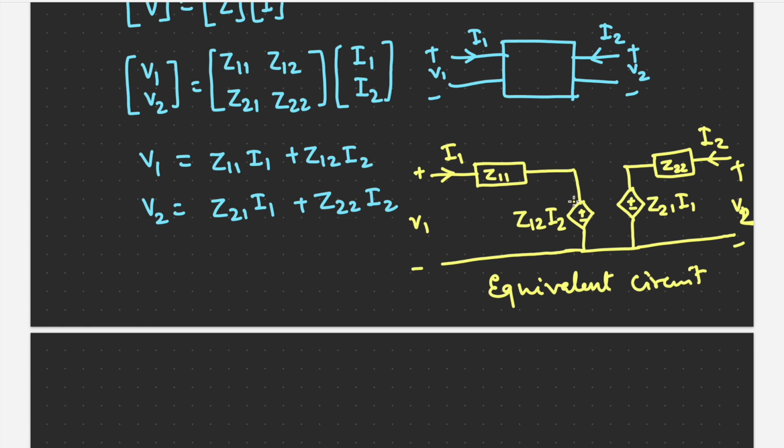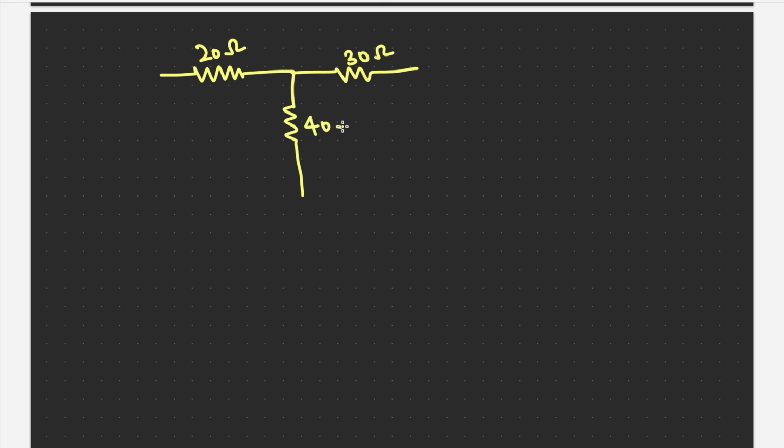So let's take an example and then convert it into an equivalent circuit. We are asked to find the Z parameters of this given circuit, where we have a 20 ohm resistance, a 30 ohm resistance and a 40 ohm resistance.